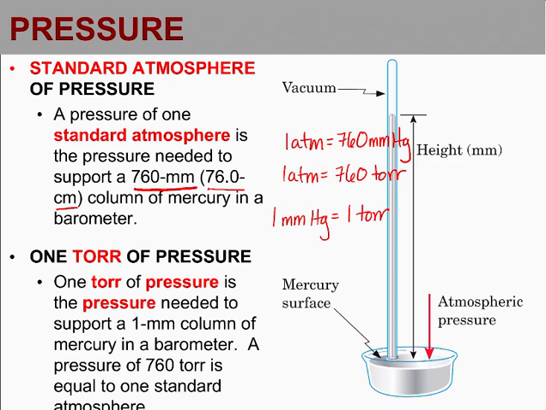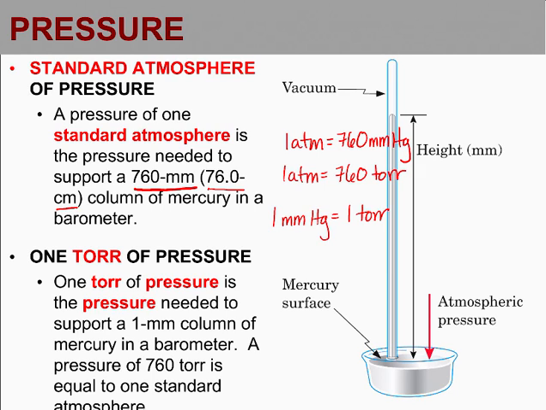So there are a lot of different units of pressure, which can get a little confusing. Torr is actually a unit that was named after Evangelista Torricelli, who was a physicist in Italy. And again, it's equivalent to millimeters of mercury. There's also pounds per square inch, which you might be more familiar with if you've ever filled up your tires on a bike or a car.